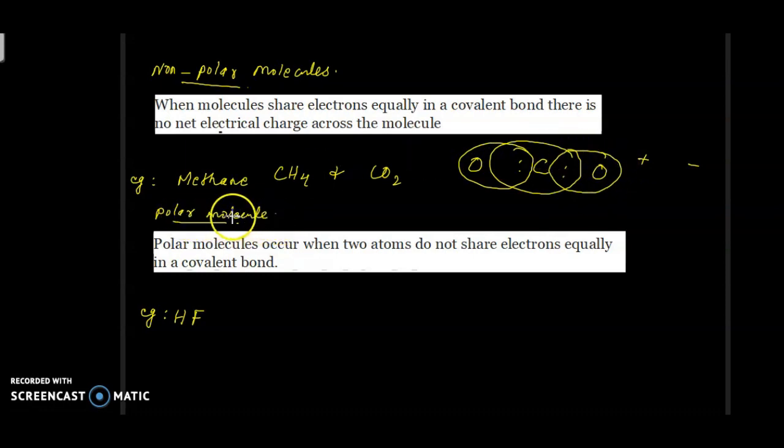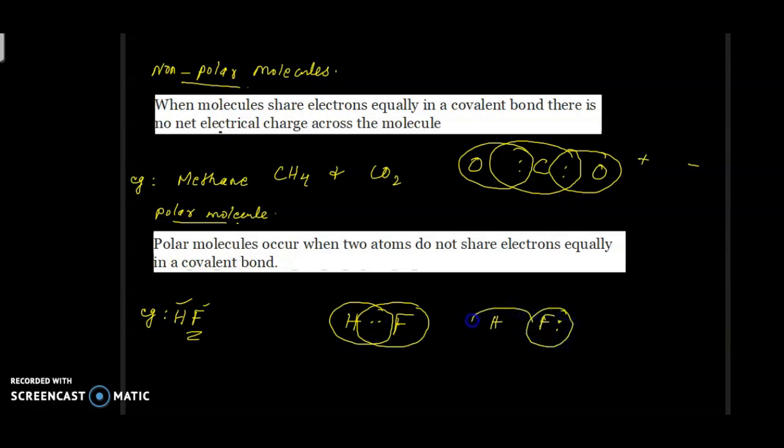But when you come to the polar molecule, an example is hydrogen fluoride, where fluorine is more electronegative. They will share the electron, but fluorine is more electronegative in nature. So finally, the electron will move away from hydrogen, and the bond will be like this. There is no uniform sharing of electrons.